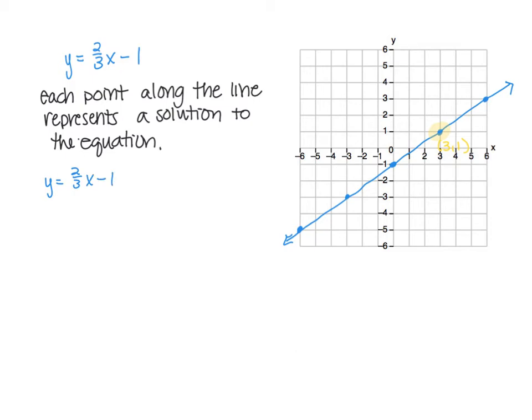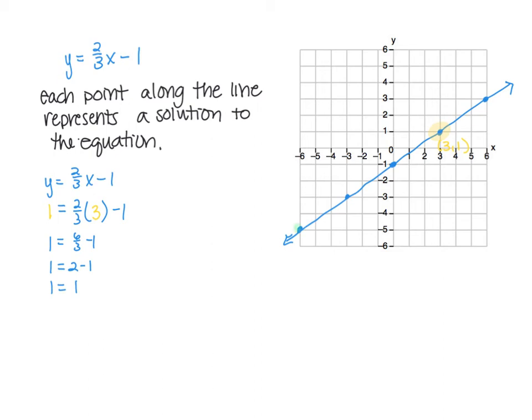So if in place of the y, I put a y value of 1, and in place of the x value, I put the x value we got, just 3, into the equation, and I make sure it makes a true statement. So I get 1 equals 2/3 of 3 is 6/3, and 6/3 is just 2. So I get 1 equals 2 minus 1, or 1. Well, that's a true statement. Well, let's make sure this works for all of them.